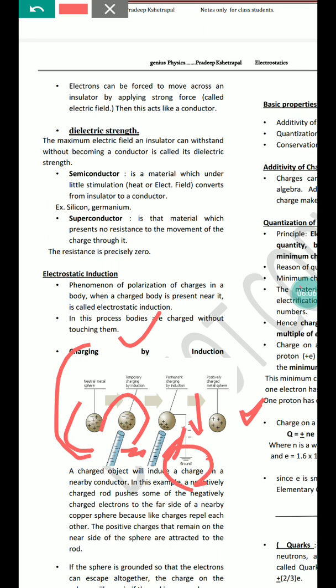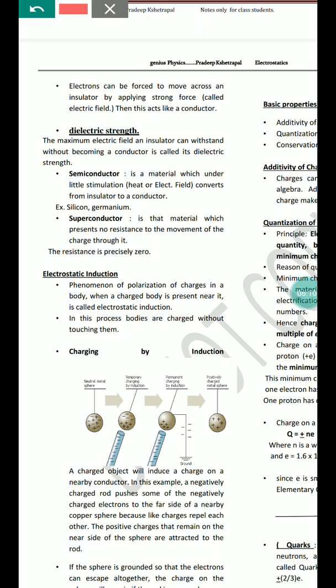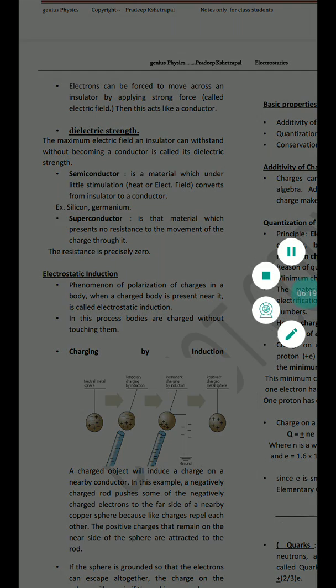This is the concept of electrostatic induction. In electrostatic induction, we can charge a body without any contact between the two bodies.